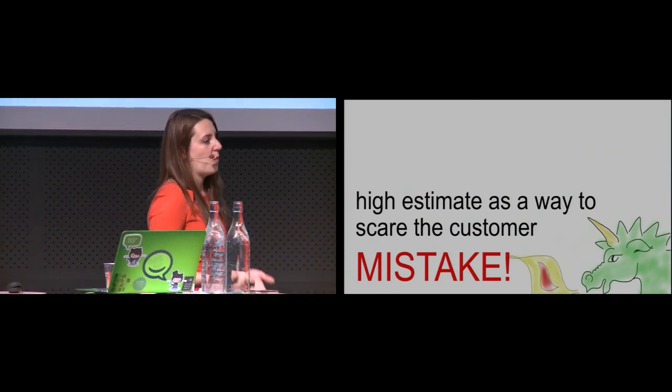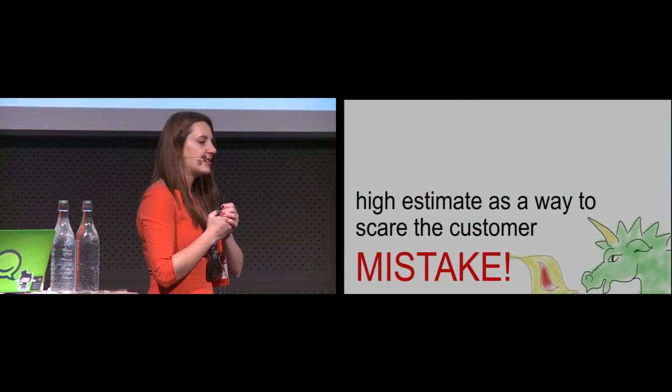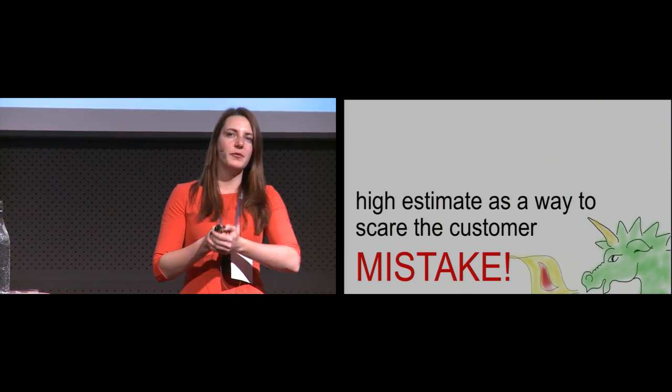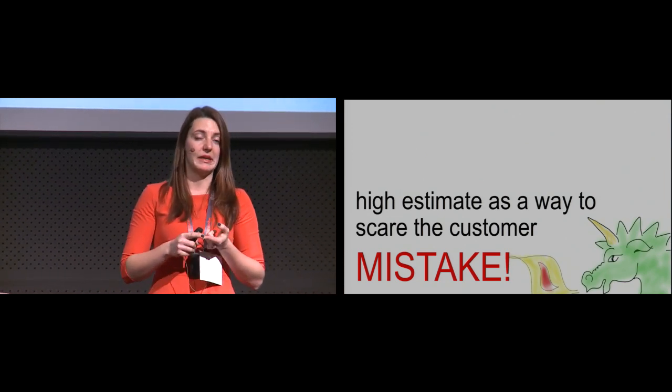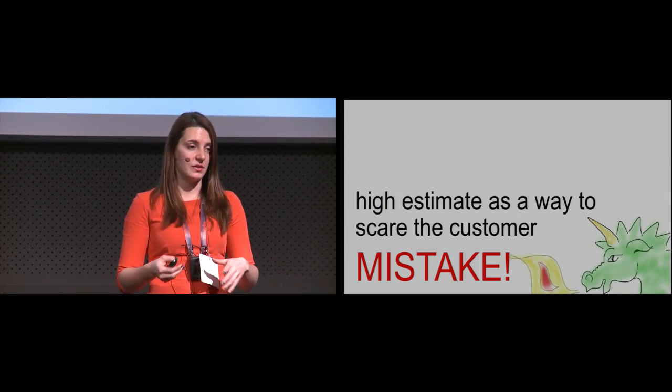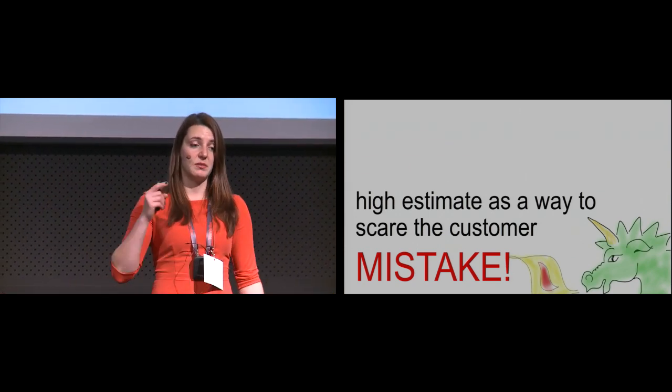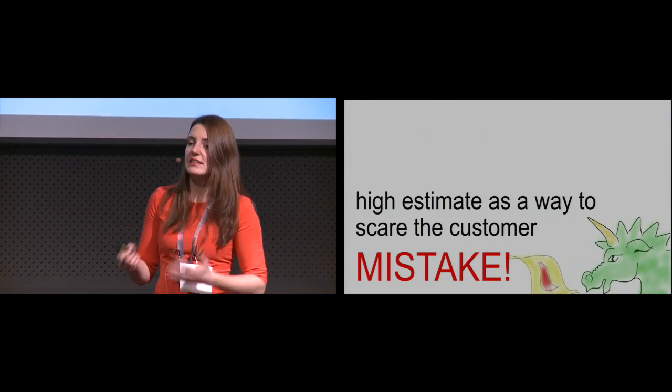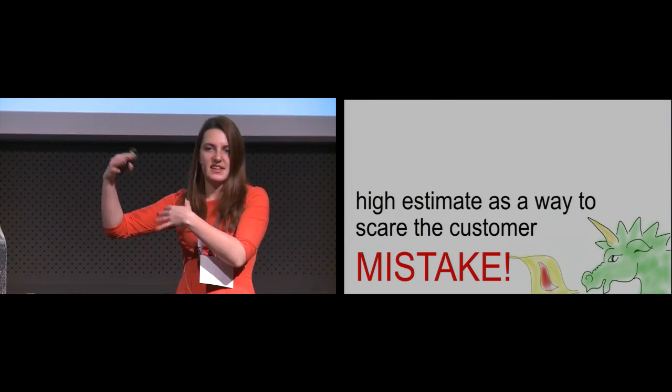It's a mistake. Why? Because if you once deliver something big, they will remember it. And they think, okay, it's expensive because it's difficult, but we will pay because it's important. So they don't understand why we are giving the high estimate.